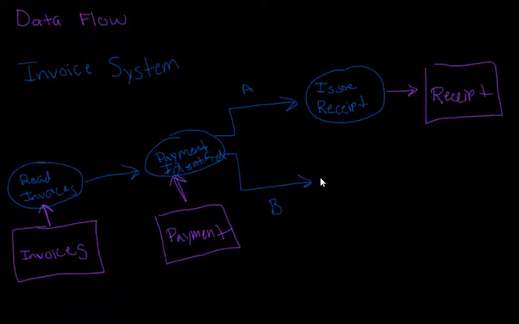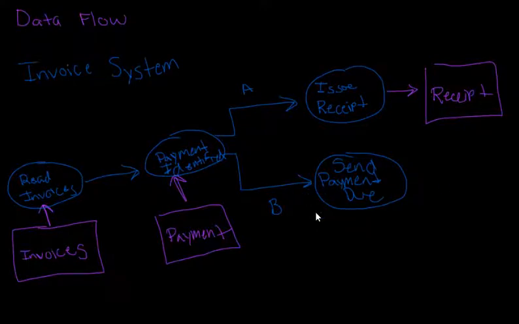Alternatively, we can say that instead the payment is due, so they have not paid yet. So we want to say send payment due. So we're going to send them a reminder just saying, hey, your payment is due. So we'll call this a remind function, which we're just going to remind the customer they have an overdue payment.